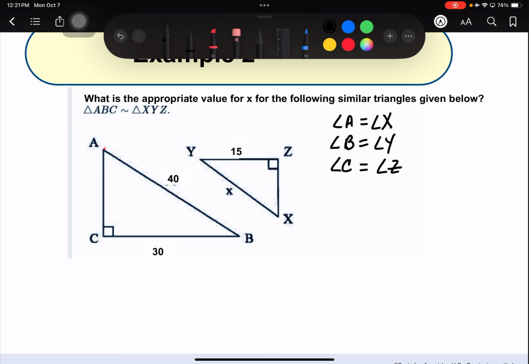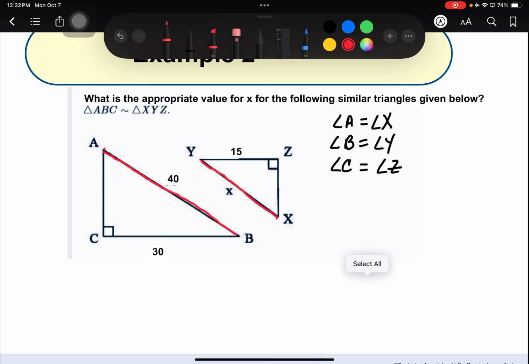Okay? I want to find the value of x. So to find the value of x, I have to find which sides are congruent. YX is x, correct? That's similar to what side? BA. It's similar. It's not congruent. So I can't say it's 40. It was 40 if it was a rigid transformation, but not a dilation.